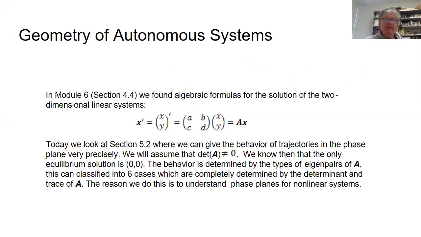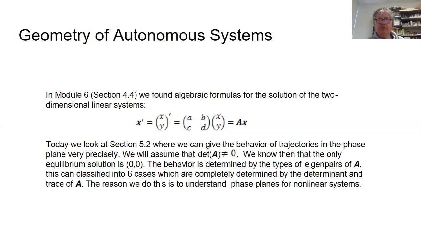And you remember in module 6, when we looked at section 4.4, we actually found explicit algebraic formulas for the solution of these two-dimensional linear systems where we have constant coefficients. And so today, because we know explicitly the solutions, we can very precisely say what the trajectories do in the phase plane.